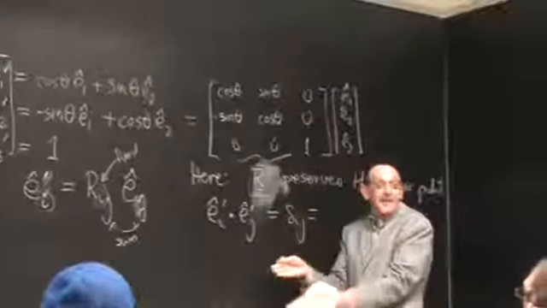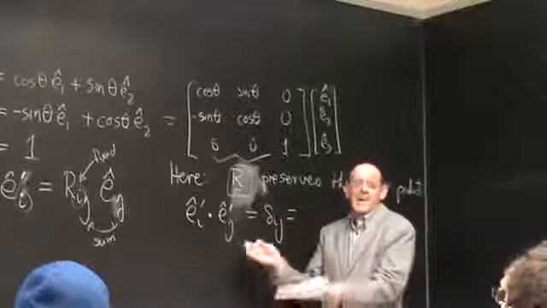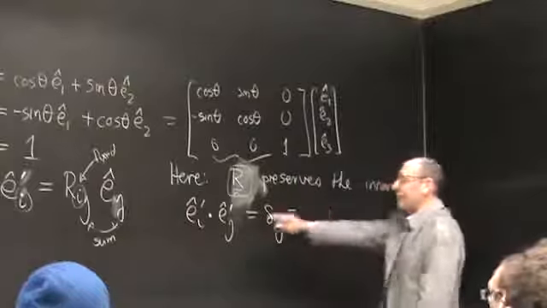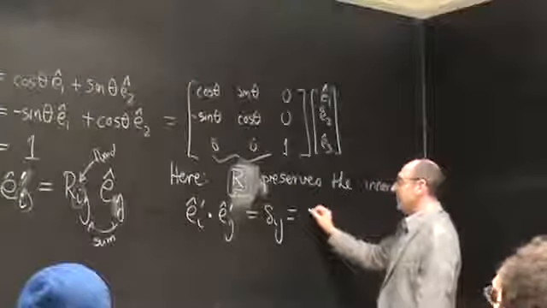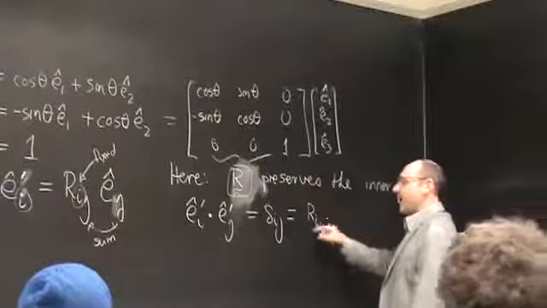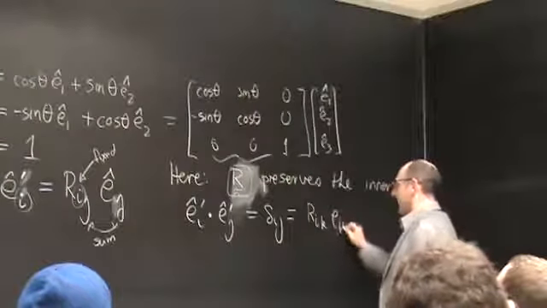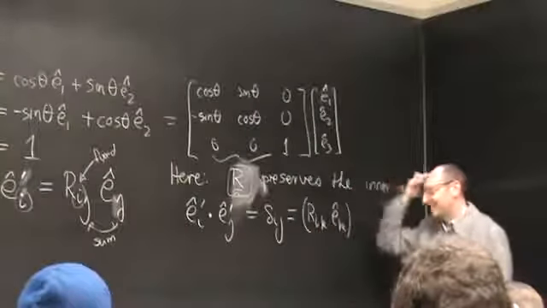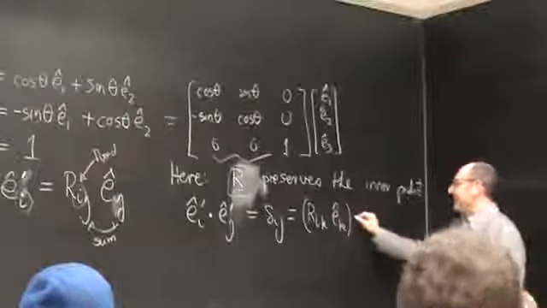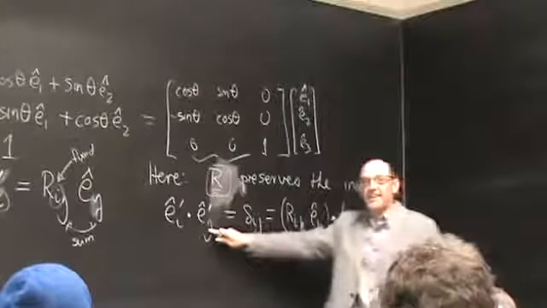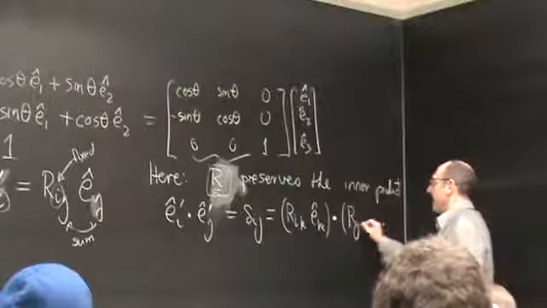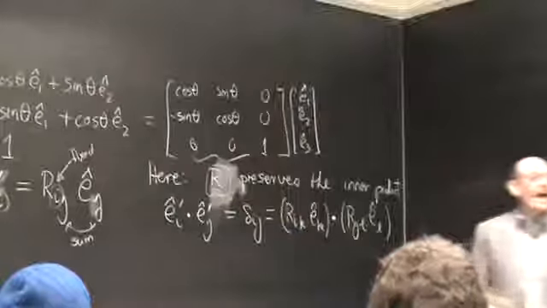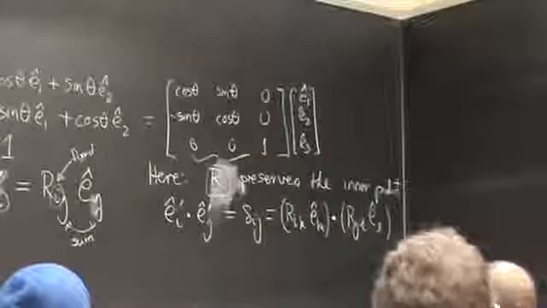If I want to introduce a dummy index, I don't want to use I and J. So there's K and L. So EI prime is equal to R, I, K, EK, dotted into the jth index R, J, L, E, L. Is that clear how I dealt with dummy indices versus fixed indices?